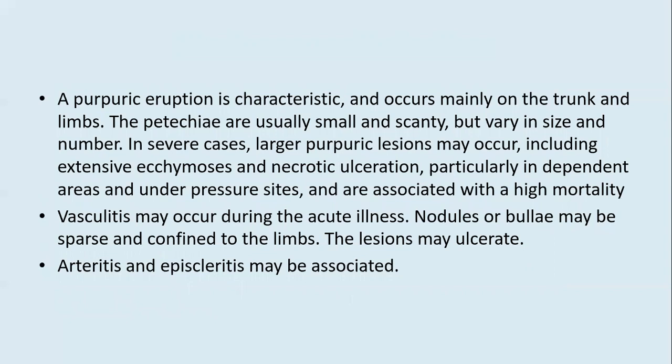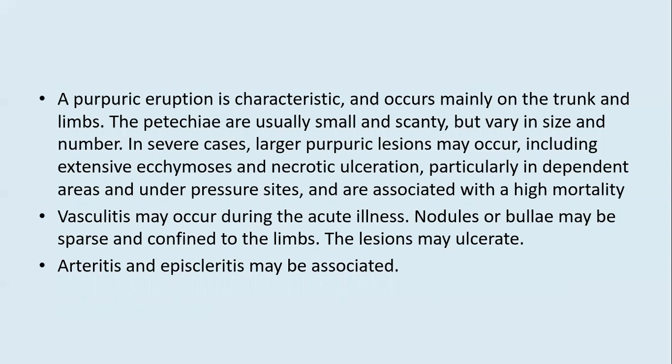A purpuric eruption is characteristic, mainly on the trunk and limbs. Petechiae are small and scanty, but vary in size and number. Large purpuric lesions may also occur with extensive ecchymosis and necrotic ulceration, particularly in dependent areas and under pressure sites, with associated high mortality.